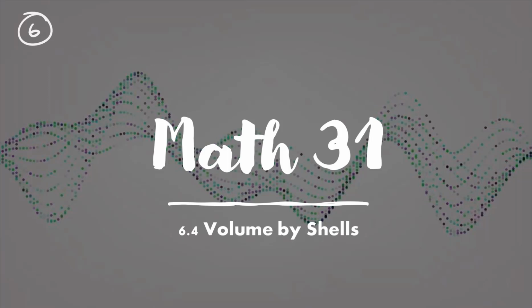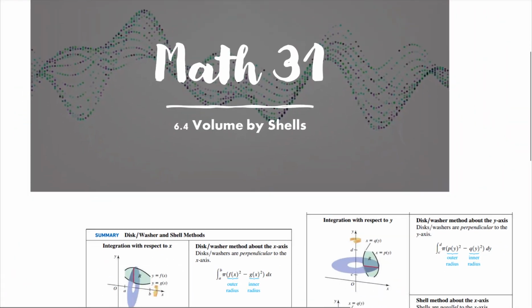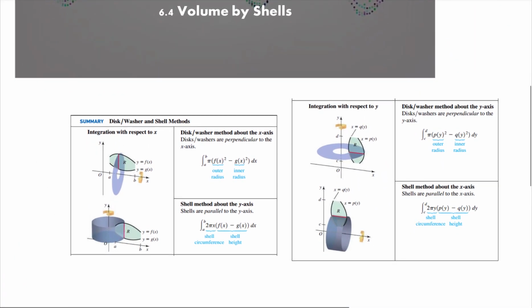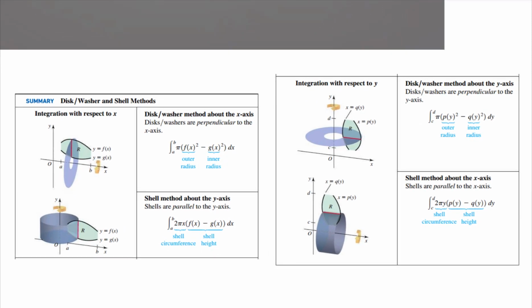All right, last one. Now let's start talking about which ones we're going to use: discs, washers, or shells, depending upon the question. What we have off on the left here is all of our stuff with respect to x, keeping everything in terms of x's.